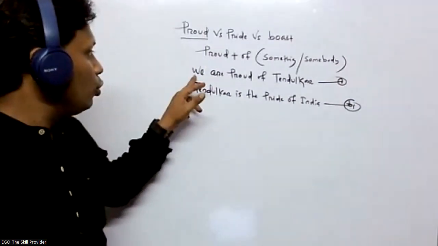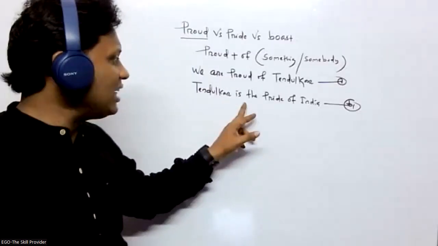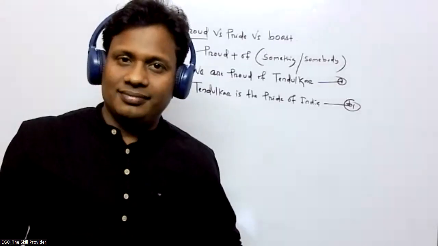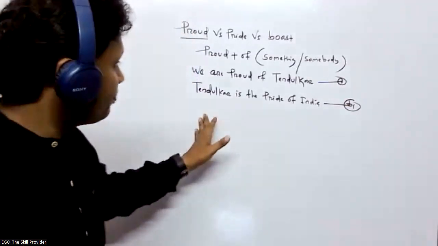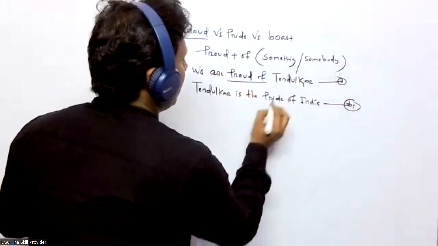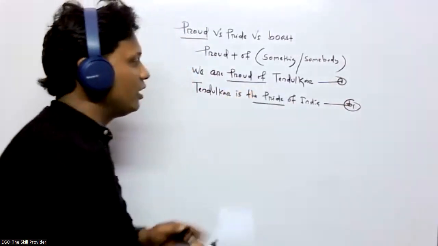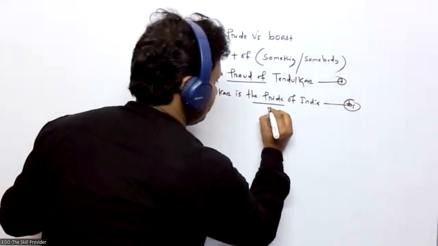You can say, we are proud of Michael Kindo. Michael Kindo is the pride of Odisha. So what can you understand? Look, there's a difference here: proud of something, and the pride of something. Whenever you say pride, it is used as a noun.